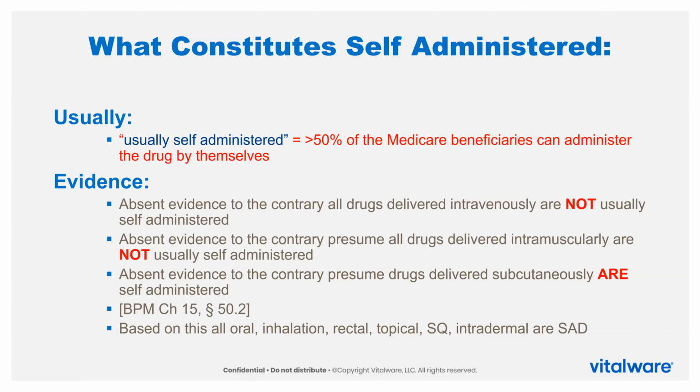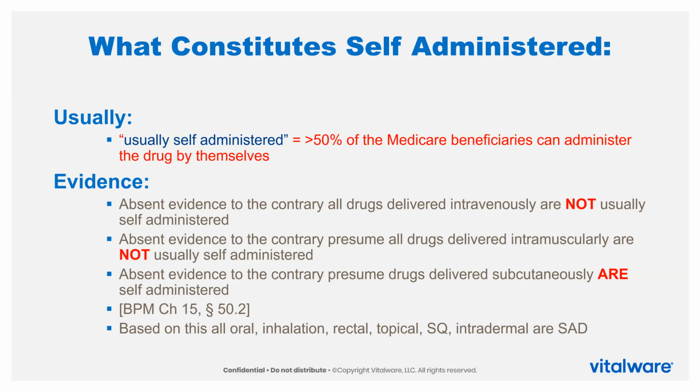Absent evidence to the contrary, presume all drugs delivered intramuscularly are not usually self-administered. So those two criteria in the global sense, and there can be some exceptions, are going to be covered medication. However, those that are subcutaneous are in fact considered self-administered. So then you're going to get into your exclusions, and we'll talk about that in a minute.